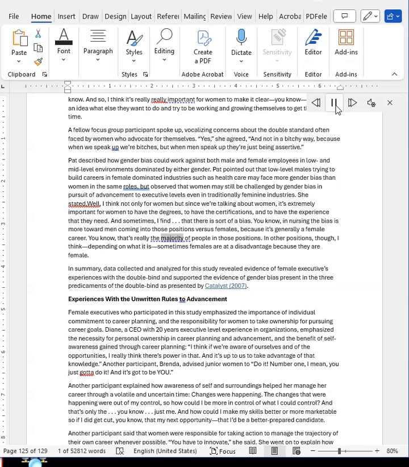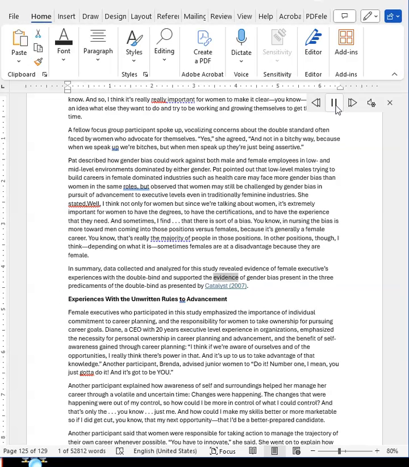That's really the majority of people in those positions. In other positions, though, I think, depending on what it is, sometimes females are at a disadvantage because they are female."